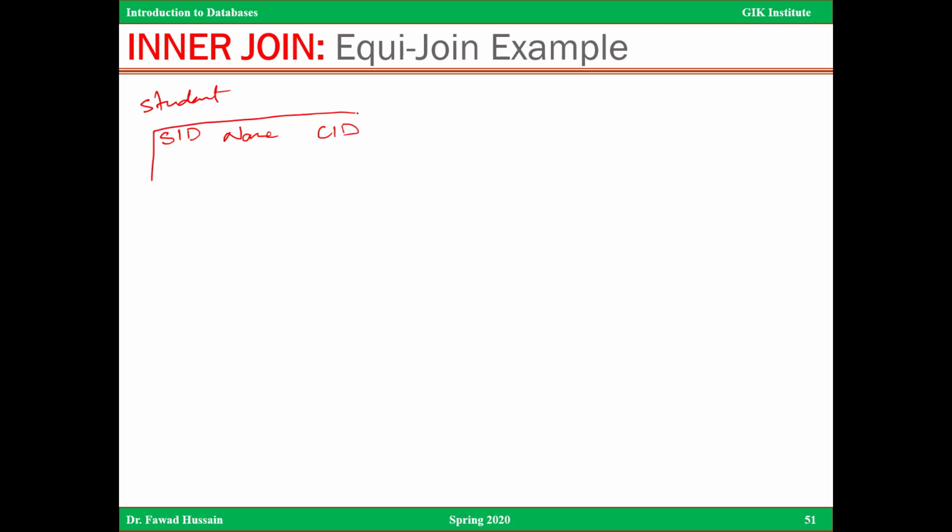So maybe I have an ID of 101, and here I have a name, and here I have 10, and then 102, and here I have Ali, and there I have 20.